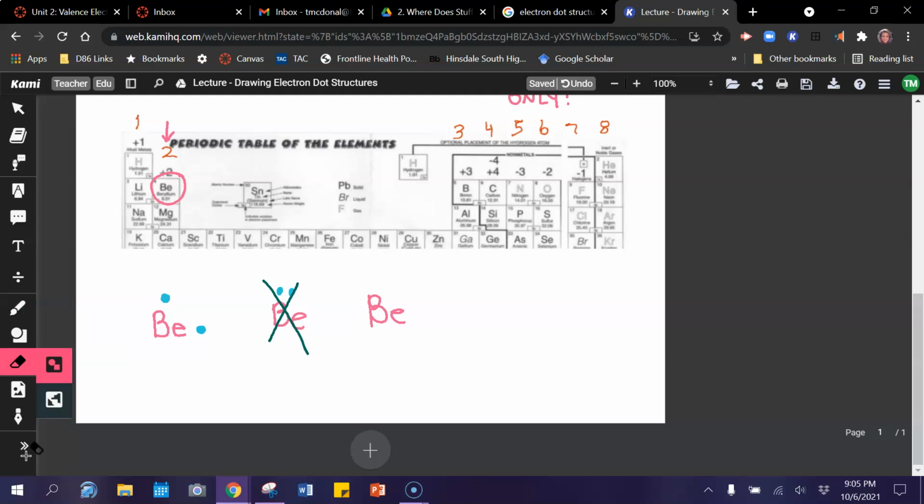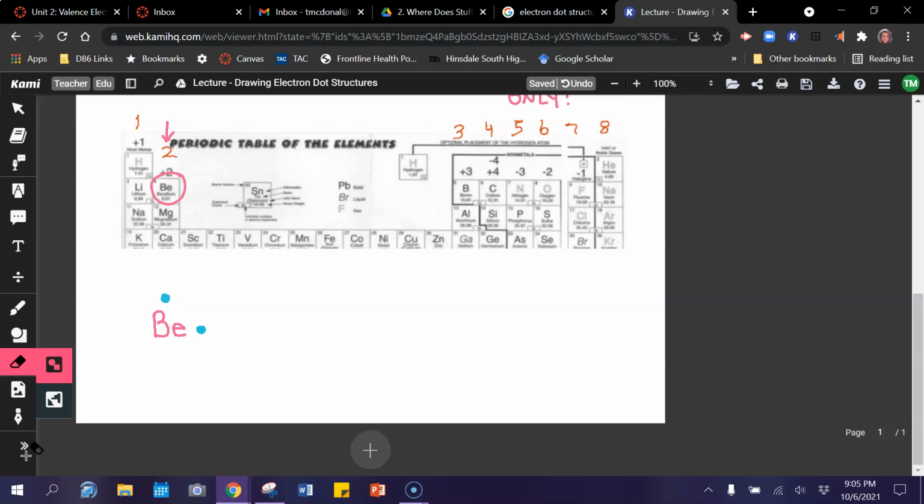You could also do side to side. That would be fine as well. You could do side and bottom, like so. That's totally fine, but the idea is this. You have to put the electrons one on each side first, and then you can go back and double up. That's a really, really important thing.